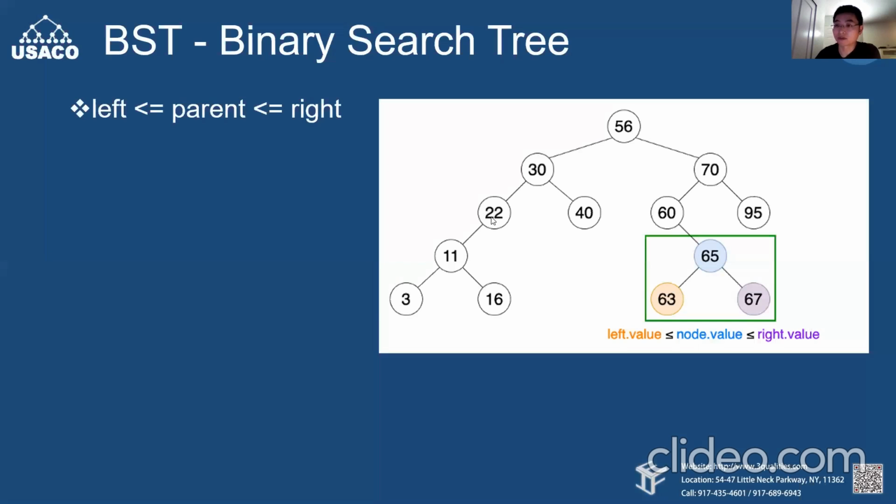At 22, 16 is smaller, so look at the left only. At 11, we know 16 is bigger than 11, so I look at the right part. Is the value equal to 16? Yes, I found 16.